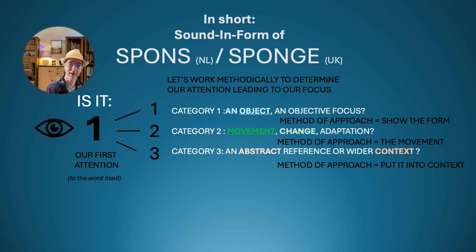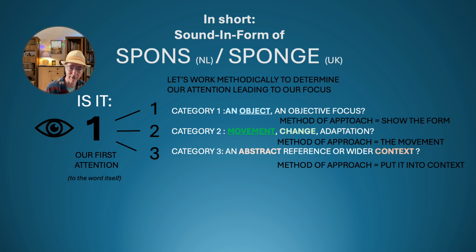If that's the case, it is category number 1, and we use a specific method in category 1: we start from the physicality of the object, and we create the physical features. We create or show the form and the formation process.